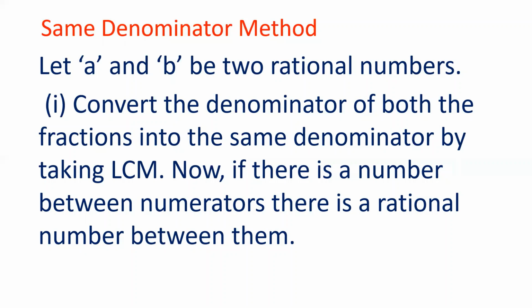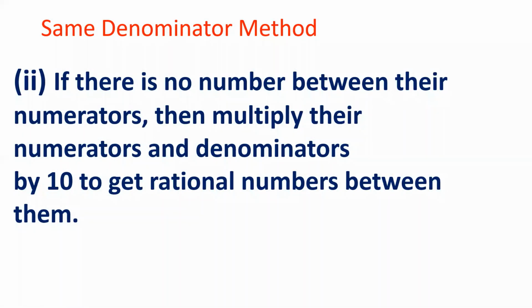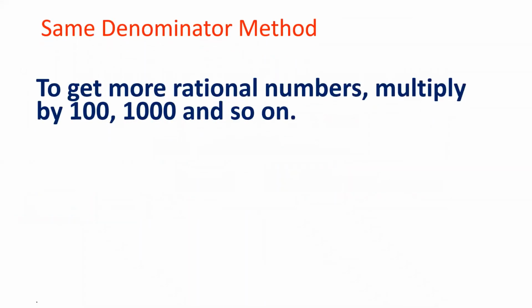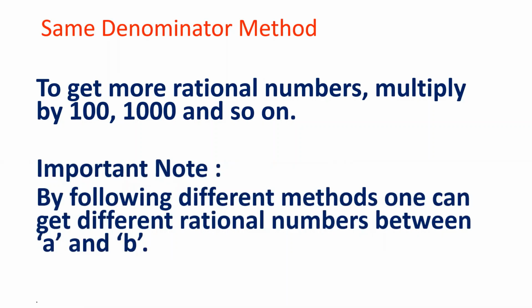Now, if there is a number between their numerators, then that is the rational number lying between a and b. But what if not? Then we multiply with 10 or 100 or 1000 to get more rational numbers between the given numbers. So by this method, we can find different rational numbers between a and b.